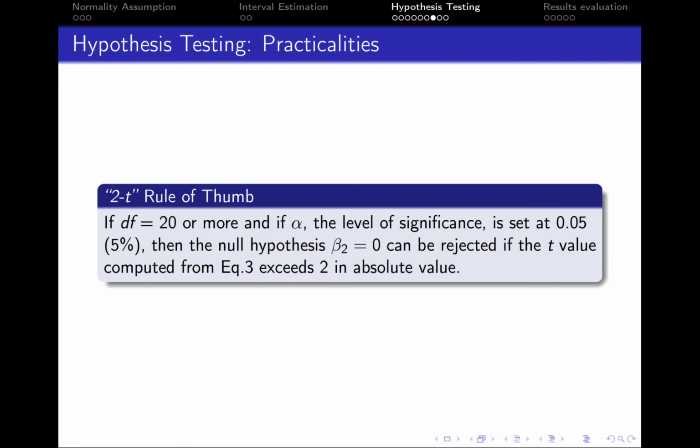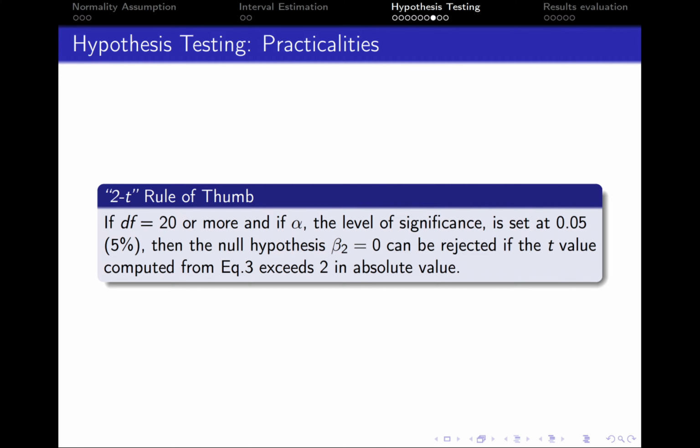So once again, if the estimated t-statistic is higher than 2 in absolute value, then we reject the null hypothesis that our estimated coefficient is equal to 0. This is the so-called 2t rule of thumb.